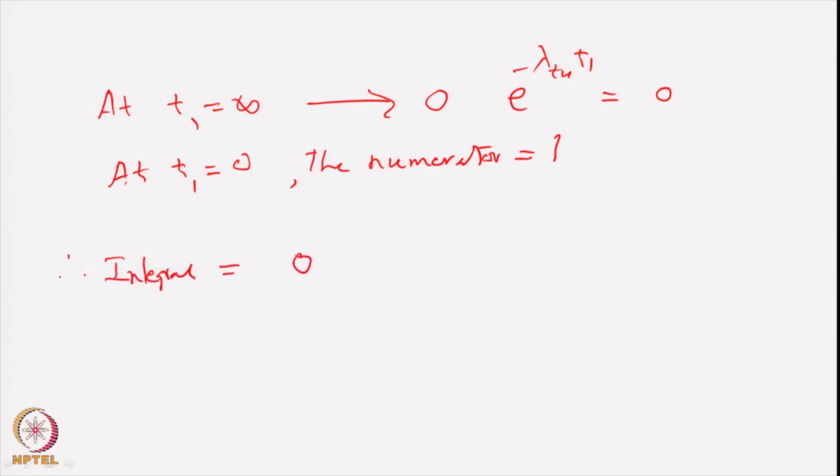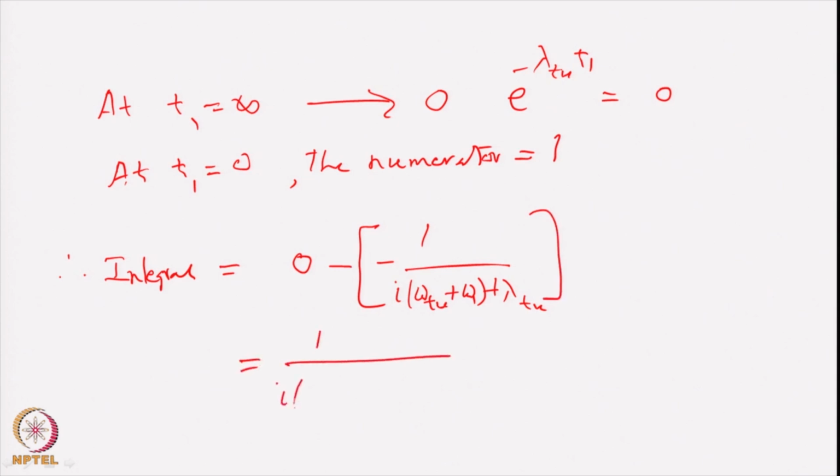Therefore, we get finally the integral is equal to 0 minus 1 upon i omega Tu plus omega 1 plus lambda Tu. And therefore, this is equal to 1 upon i omega Tu plus omega 1 plus lambda Tu.